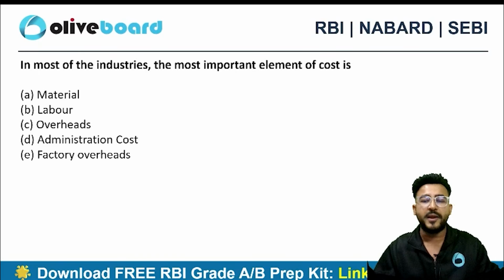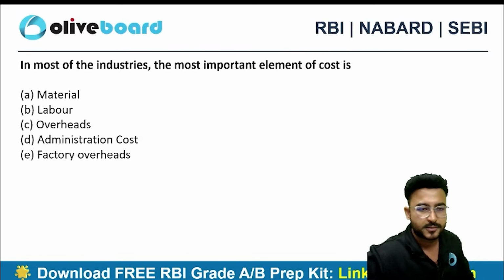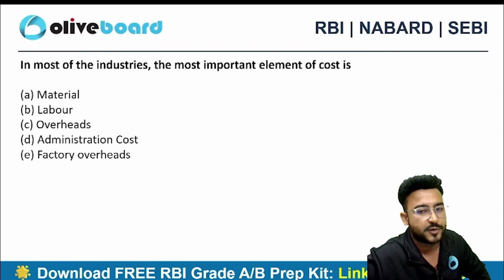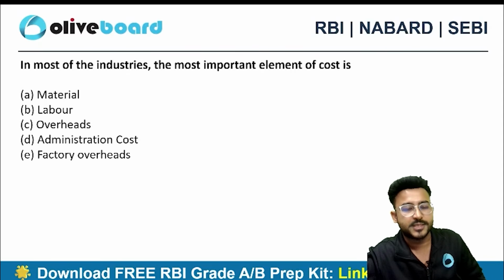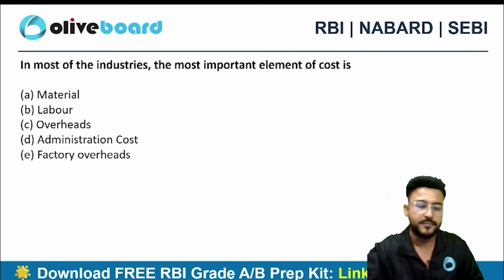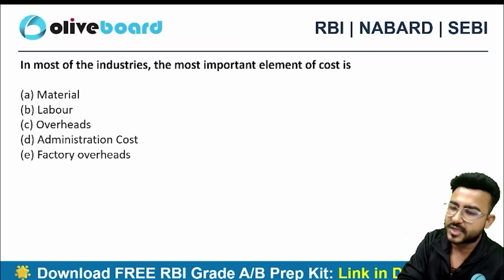Next one: in most of the industries, the most important element of cost is what? Now this is an open-ended question. There can be many answers to this, but you have to go with the best judgment.